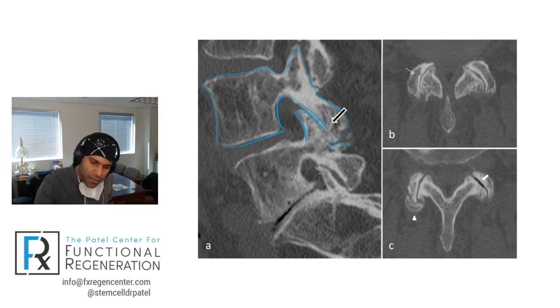Over here in this level, you can see it actually kind of spiking into the circle where the nerves are exiting. So this is how the facet joint, even if the joint itself is not necessarily causing pain, some increased arthritis in that joint can cause narrowing of where the nerve is exiting.